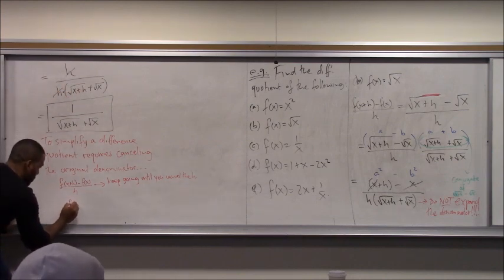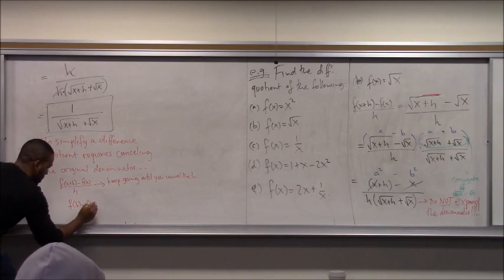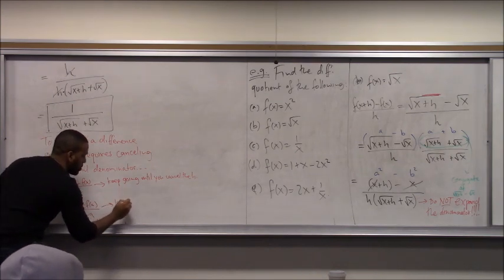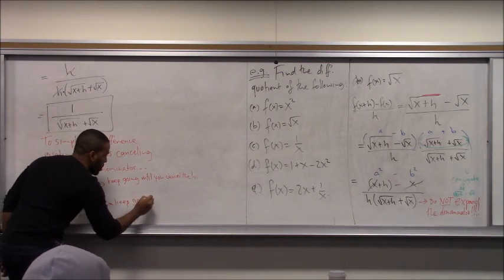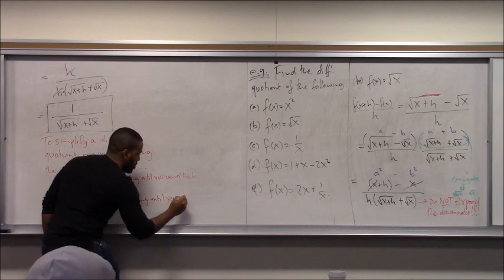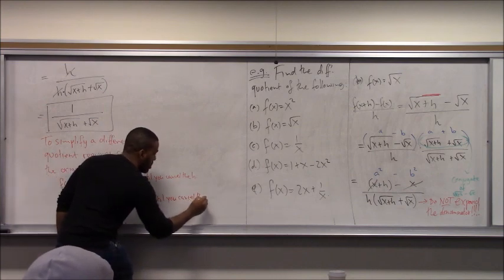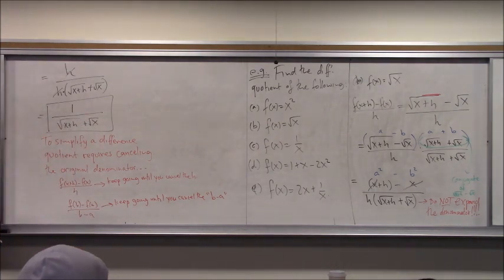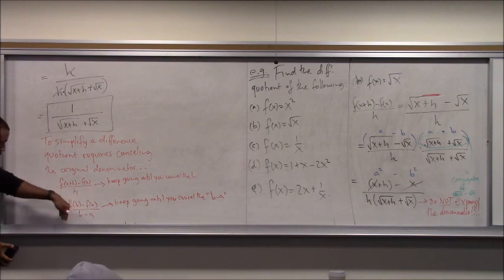If you have f of b minus f of a over b minus a, you need to keep going until you cancel the b minus a factor in the denominator. So it's very important in the difference quotient when you're simplifying it, you keep going until the original denominator gets canceled.